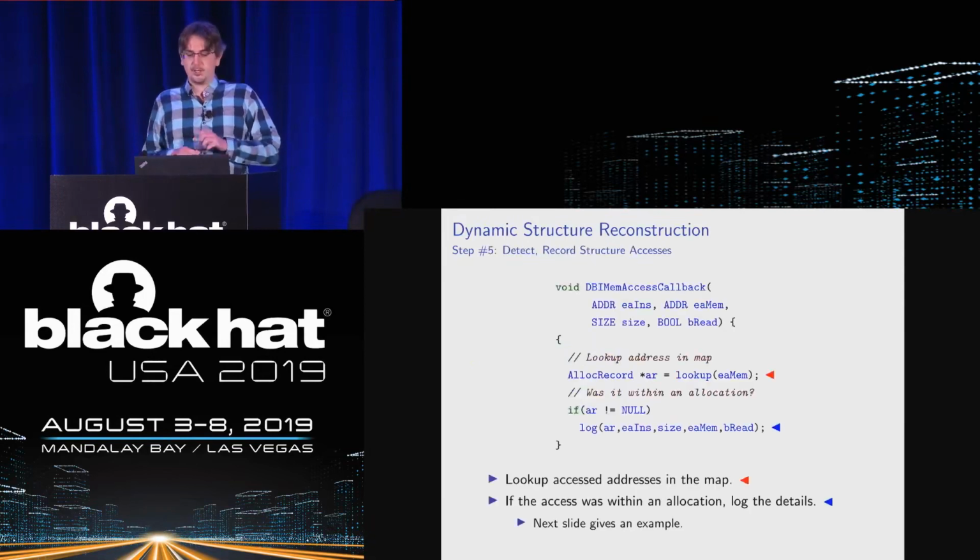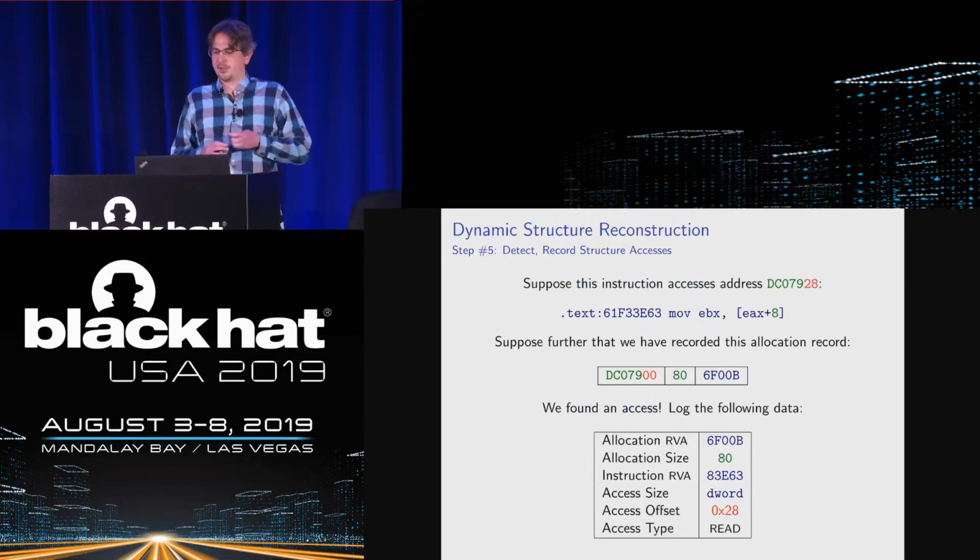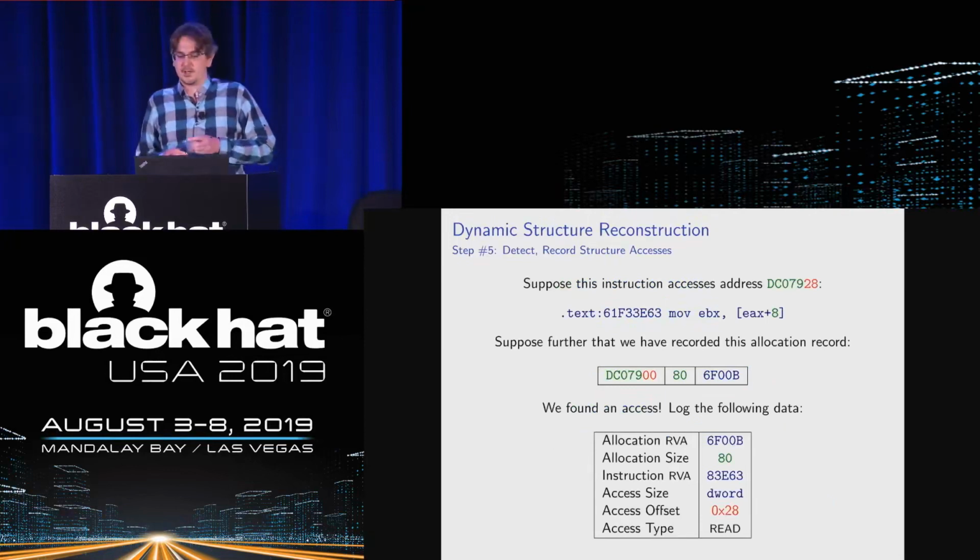The callback routine is going to be given the address that is to be accessed by the memory access. It's going to take that, look it up within the map that we keep the allocation metadata in. And if we find the address within one of the allocation records, that means we have just discovered a memory access to one of the dynamically allocated memory regions. So we're going to log that, which is to say, let's say this instruction was observed accessing that particular address ending in 28.